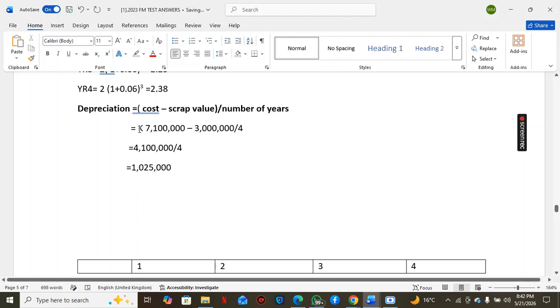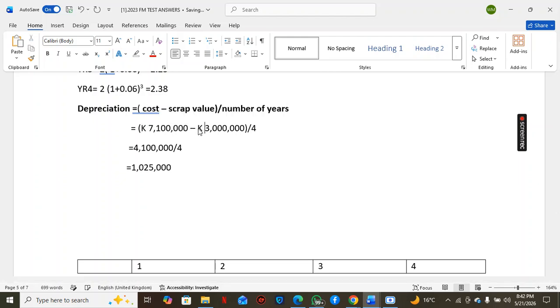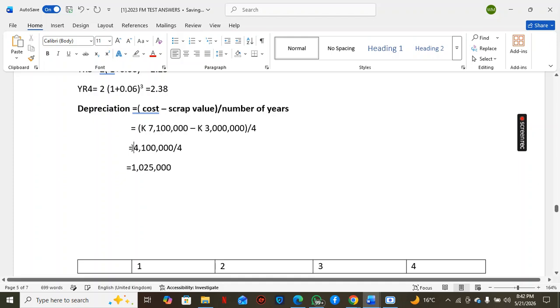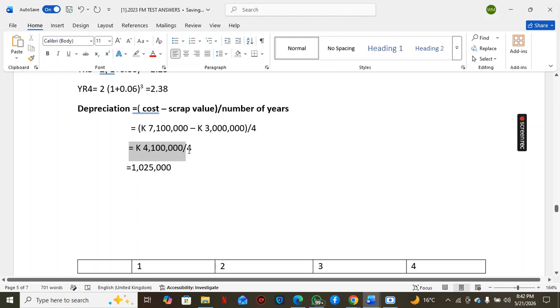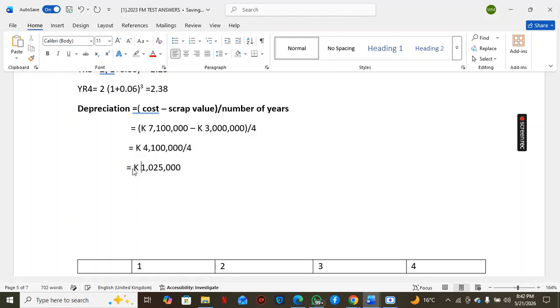So the cost 7,100,000, scrap value 3 million, number of years 4 years. 7,100,000 minus 3 million, 4,100,000. Then 4,100,000 divided by 4, 1,025,000. Are we okay with this, colleagues?